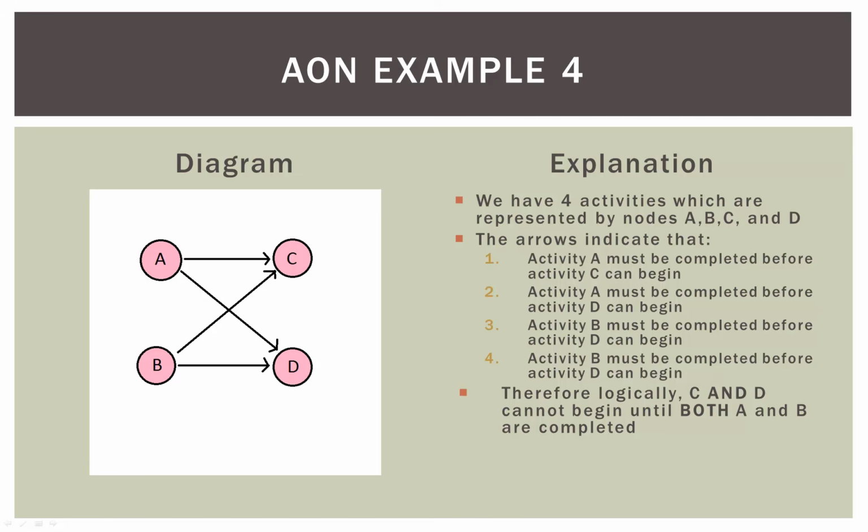That's our arrow from A to D. Activity B must be completed before D can begin. That's our arrow from B to D. And activity B must be completed before activity C can begin. Okay? So, what does all this mean?